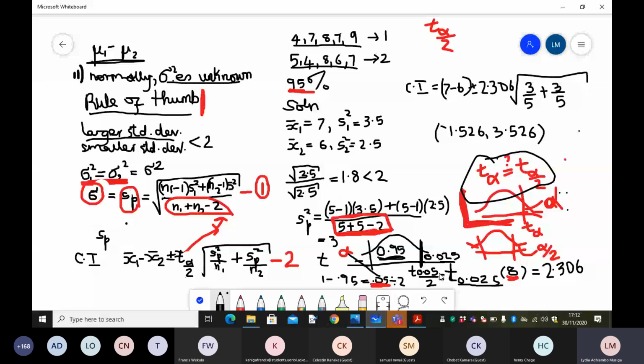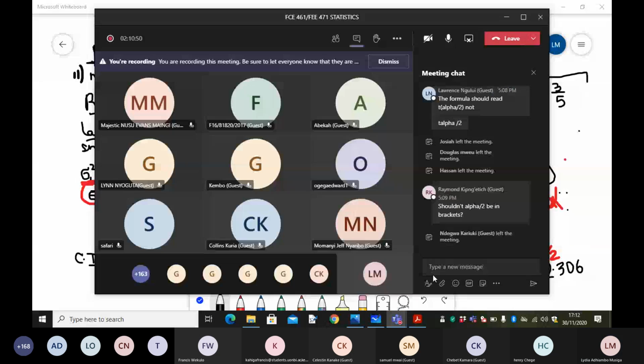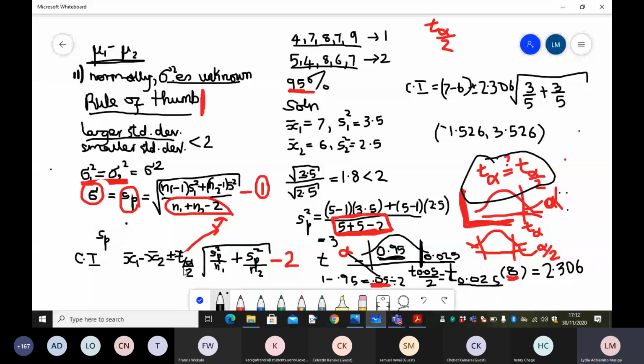There is a comment. Let me look at it. Okay, so our friends want alpha over 2 to be in brackets. If it will make it clearer for you, then I'm happy with that, so that students don't get confused. So this alpha over 2, if we put it in brackets, it means I'm also saying that here we have 0.05 divided by 2.